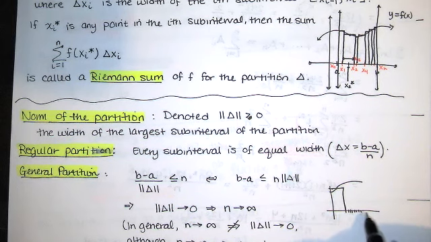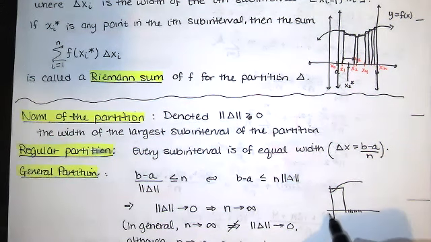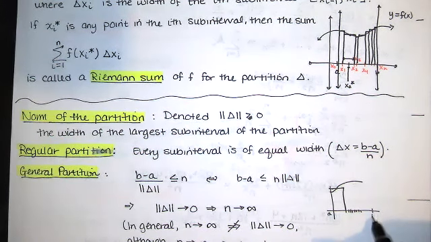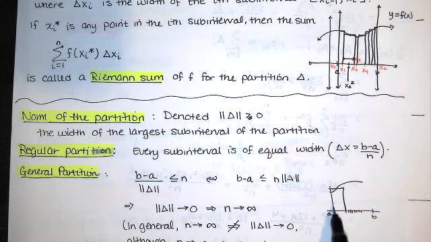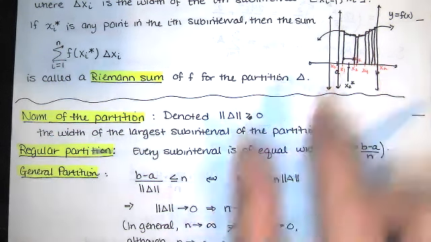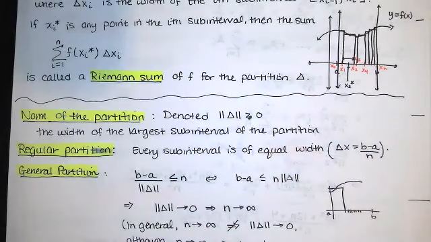Even if I have infinitely many pieces, going from the interval from a to b like this, if one of those subintervals is staying finite, so that width is not approaching 0, then we're not necessarily guaranteed to find that area under the curve that we've been talking about.